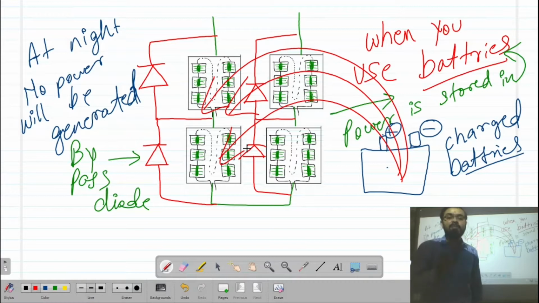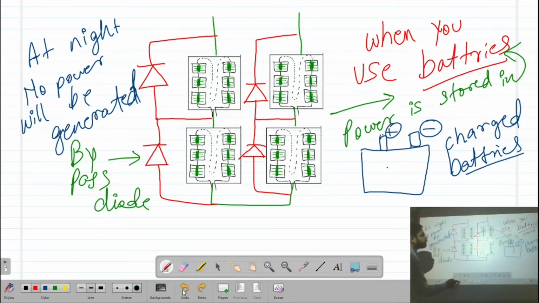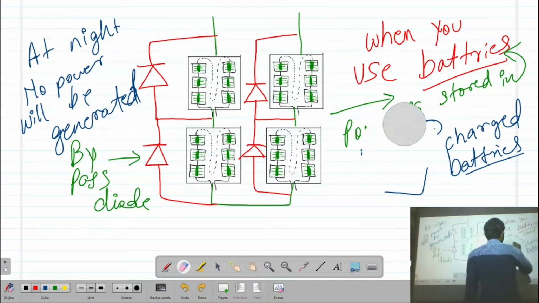That is in the night time, when the solar cell modules are not generating power. So to avoid the flow of power from battery to modules in the reverse direction, we will use blocking diodes.